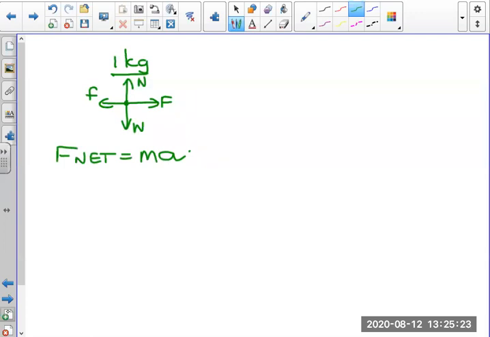I start with that, showing I'm working with Newton's second law. Because I want acceleration, I say m times a equals... Remember, this object is going to the right, so I say the front force minus the back force. The front force is the applied force, and then minus the friction force. Can you see? It's opposing the direction in which the object is going.